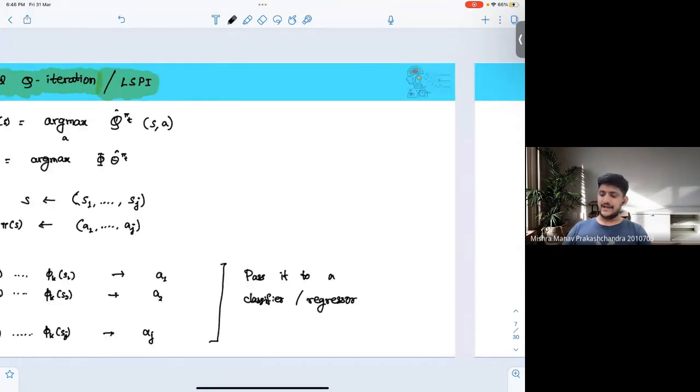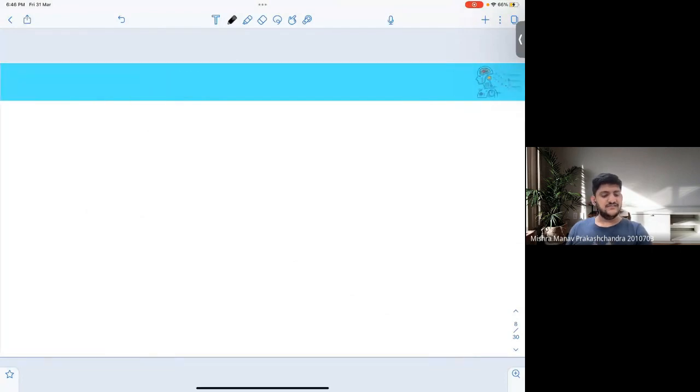And the way fitted Q iteration works is similar to how policy iteration works. You start off with some initial estimate, q hat naught. From this q hat naught, you generate some data.